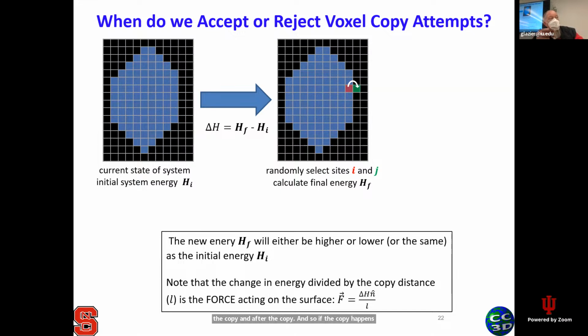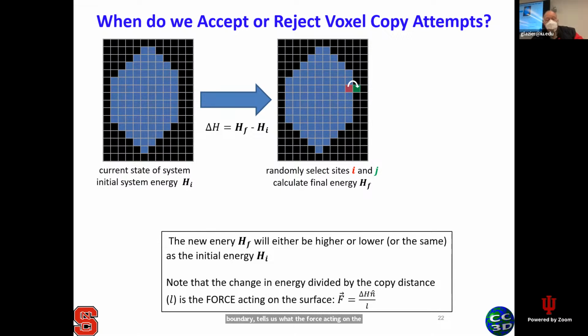The copy is a move of the boundary of the cell over a distance, in this case, 1 lattice site. And an energy divided by a length is a force. And so basically, the change in energy when we move the boundary tells us what the force acting on the boundary is at any given position.